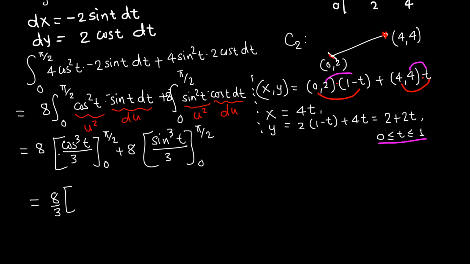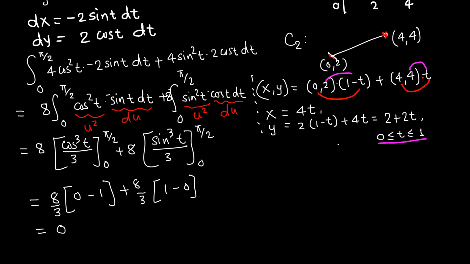In fact, 8/3 times cosine of pi over 2 cubed, cosine pi over 2 is 0, cubed is 0, upper limit part, minus, plug in 0, cosine 0 is 1, 1 cubed is 1, plus 8/3 times sine pi over 2 cubed, sine pi over 2 is 1, cubed is 1, minus sine 0 which is 0. So this is negative 8/3 plus positive 8/3, so the result is 0.